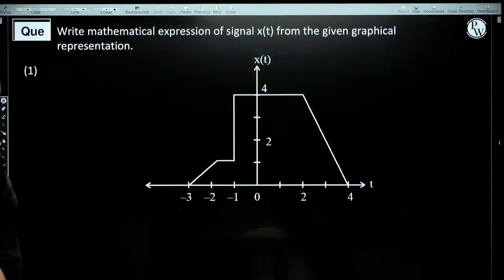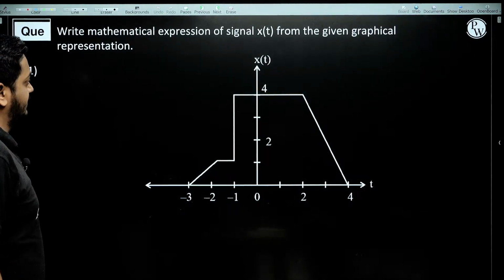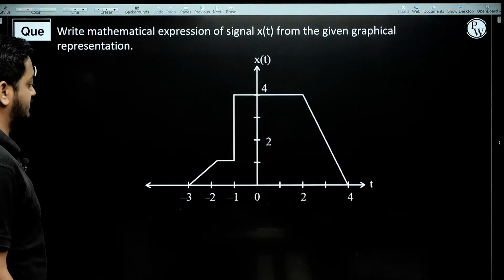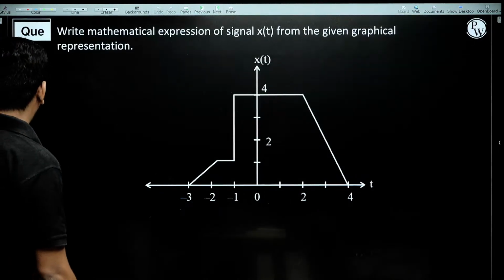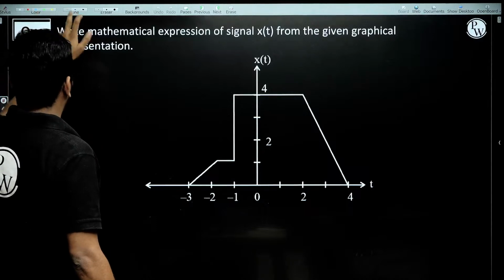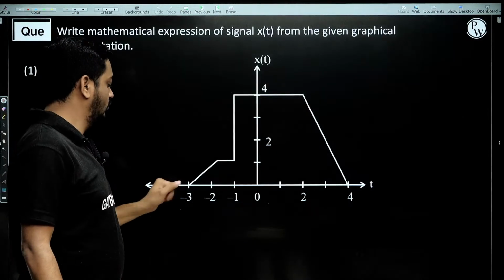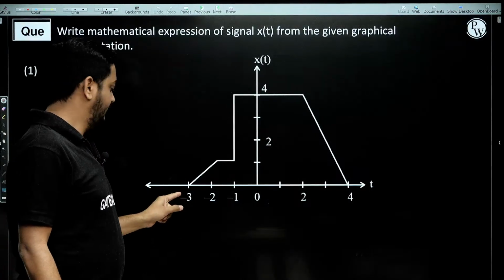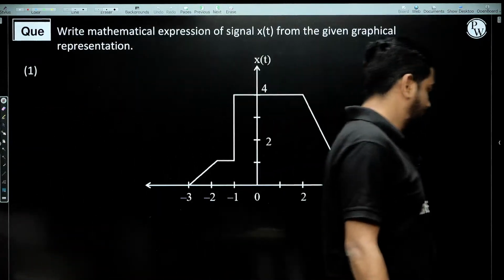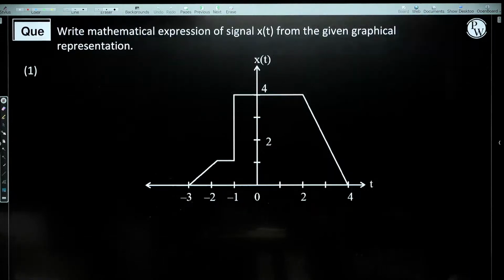Write the mathematical expression of the signal x of t from the given graphical representation of the signal. Now, here at t equal to -3, tell me: only linear change, only sudden change in amplitude, or both? Tell me in the comment box.